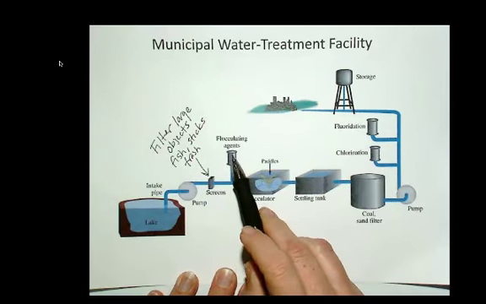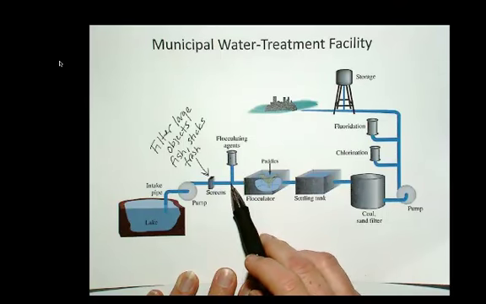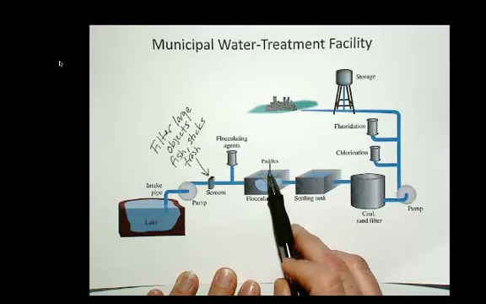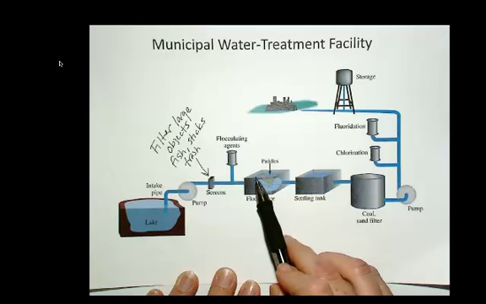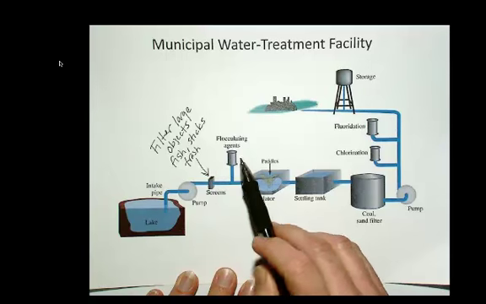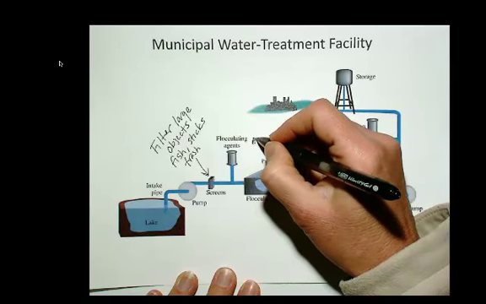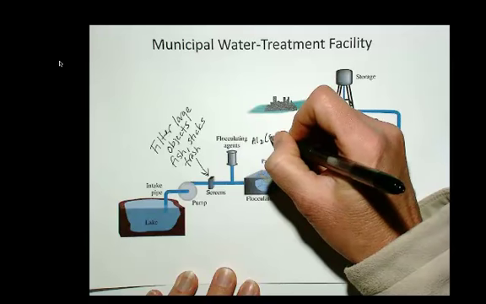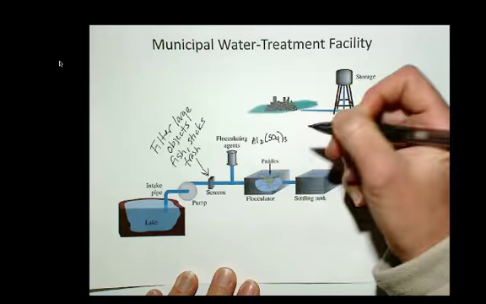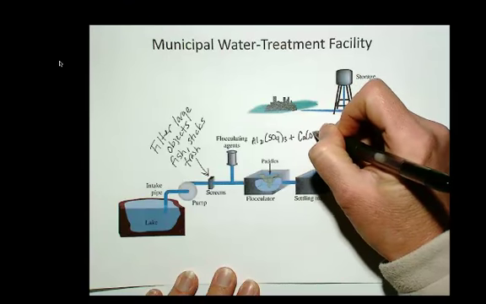Then these chemicals called flocculating agents are added to the water, and it moves into this flocculator where there's paddles to mix the water around with the flocculating agents. And the flocculating agents are aluminum sulfate, and also calcium hydroxide.